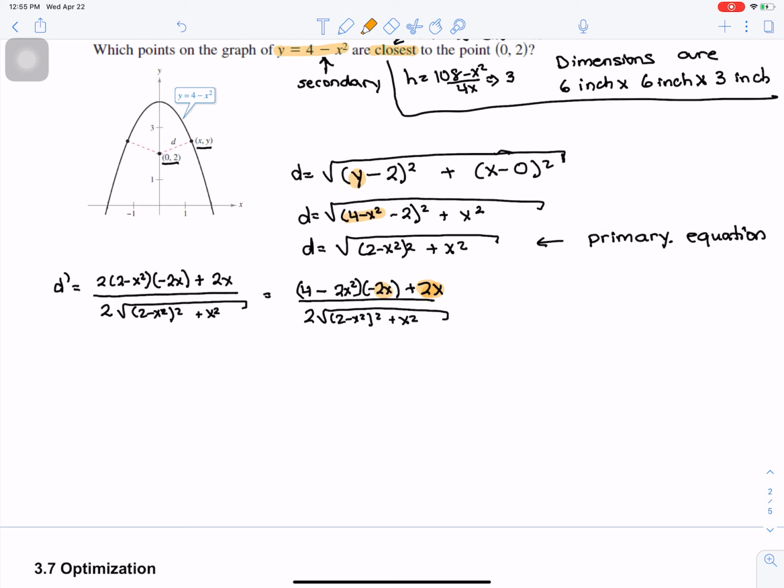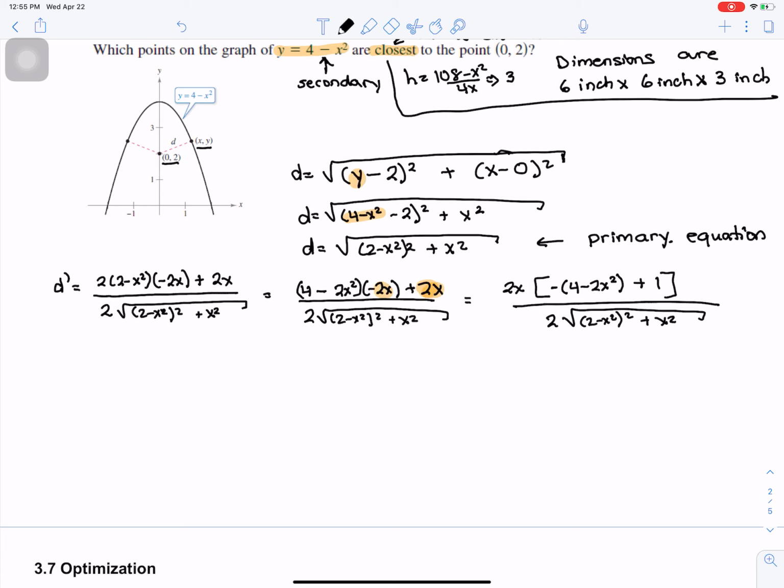So I'm going to factor out a 2x on the top. So I take out a 2x. What am I left with? I'm left with this negative sign, and 4 minus 2x squared, plus, and then there's nothing left from that term, divided by 2 square root (2 minus x squared) all squared plus x squared.